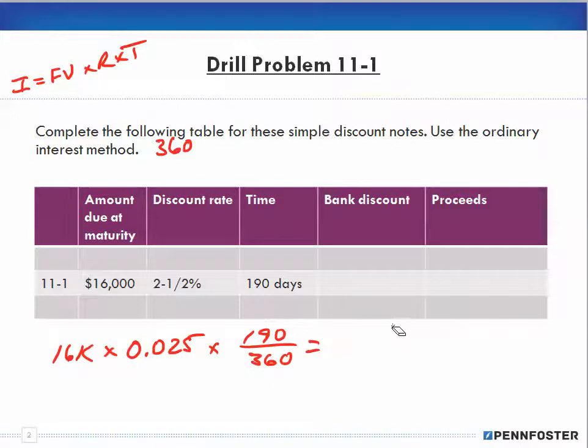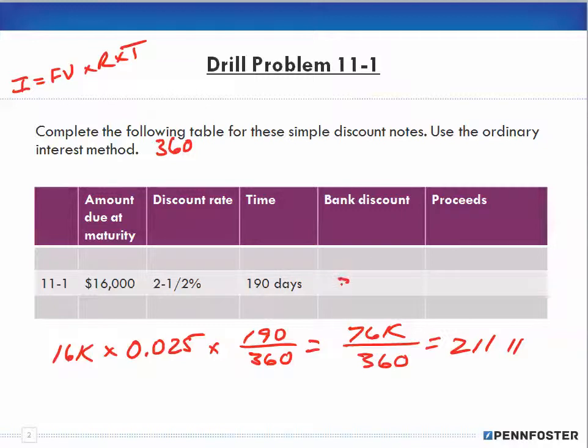Can't write this morning for some reason. So 36,000 divided by 360. And that gives us interest of 211.11.